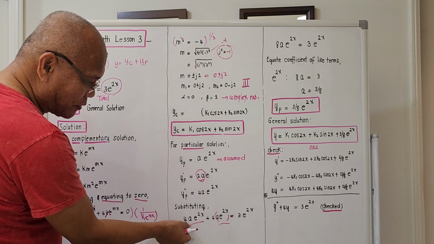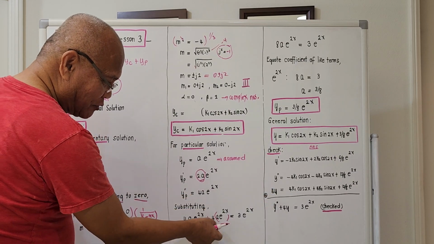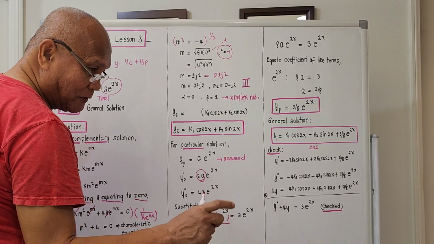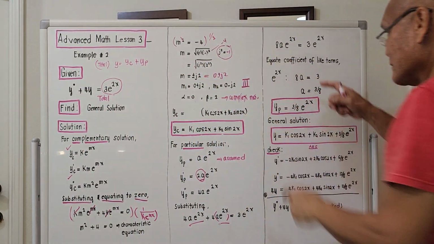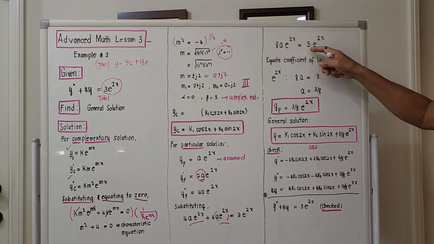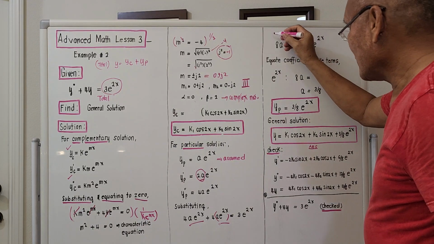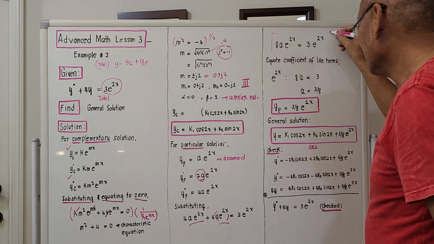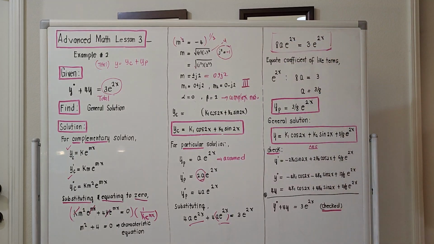The coefficient of the first one is 4a. The coefficient of the second one after the multiplication is also 4a. So 4a plus 4a will be 8a times e to the 2x, and this should be equal to 3e to the 2x. So we now have formulated an equation.